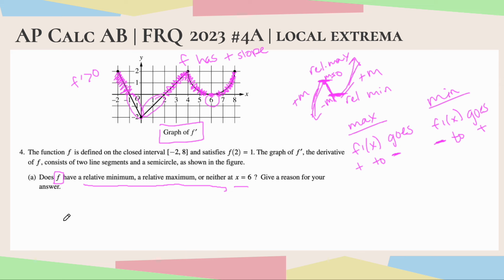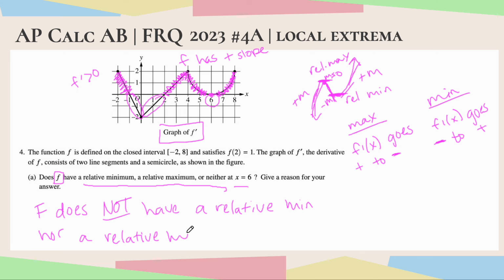So how we would answer this is we would say f does not have a relative min nor a relative max at x equals 6 because f prime of x does not change signs.